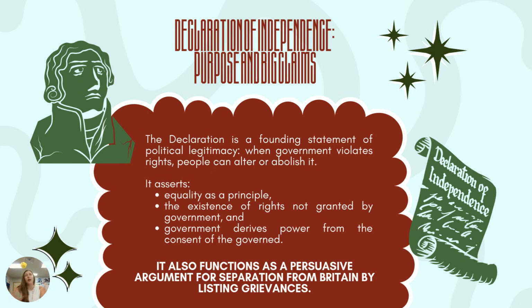And so I think of it as four parts, right? You have a preamble, which is just like an introduction, and then you have Jefferson laying out his theory on government, right? What good governments should look like. If we're thinking of the Declaration of Independence as sort of a breakup letter, this is where you say, these are all the things that should happen in a good, loving relationship.